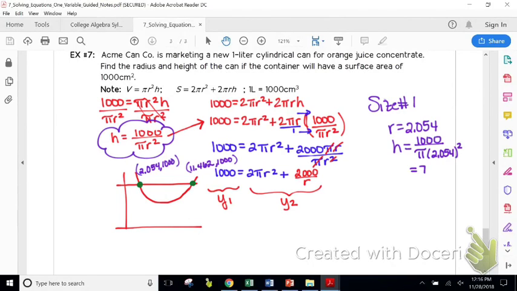And I believe you will get 75.44 approximately. And both of these are in centimeters. And then you have size number 2, which is when your radius is 11.462.